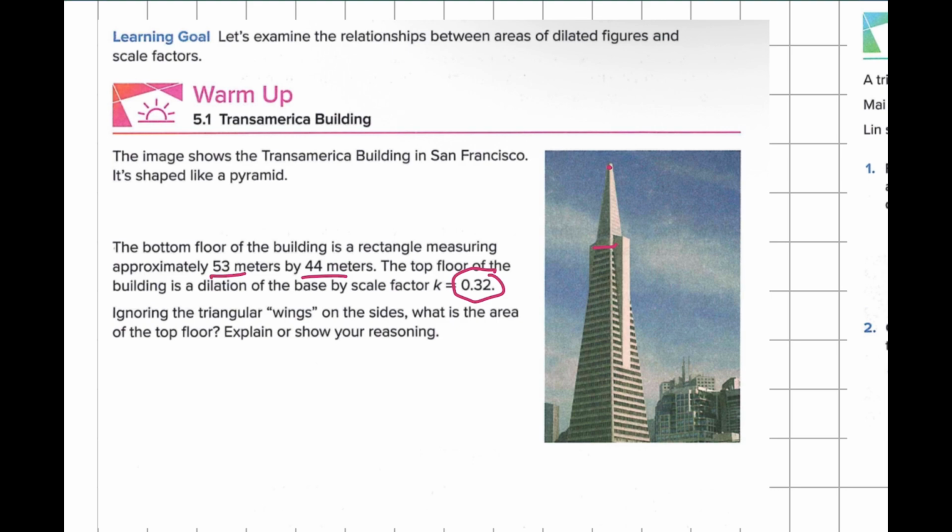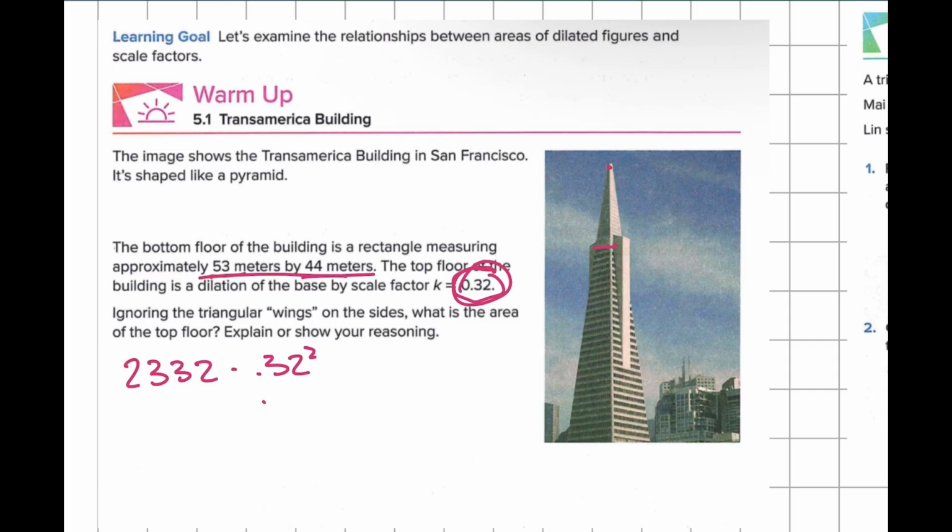So what is the area of the bottom floor? Well, here it is, 53 by 44. So we're going to put that in our calculator, and we get 2,332. Here's our scale factor. What is 0.32 squared?